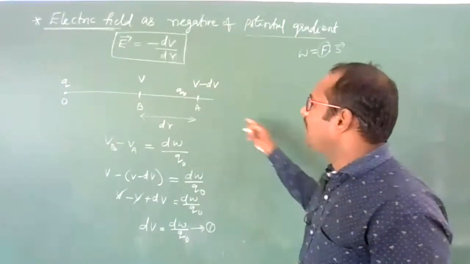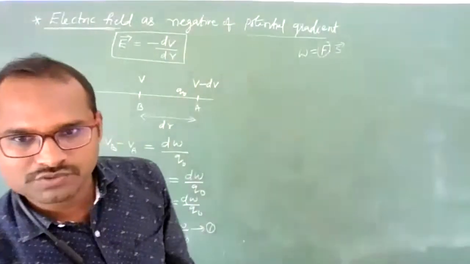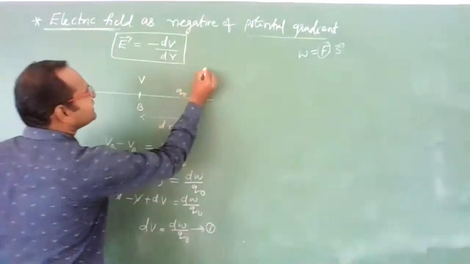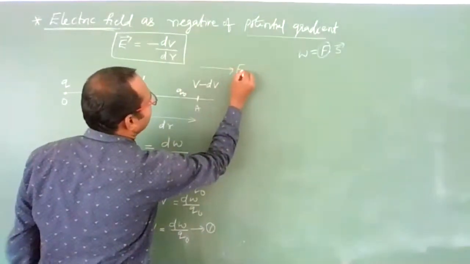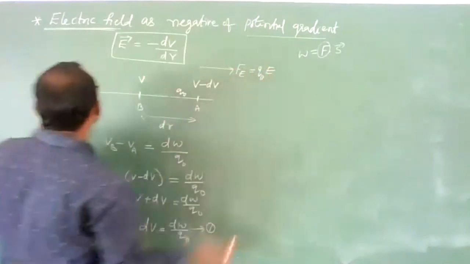Let us suppose here on this Q naught charge an electric force is acting. Definitely it is acting, in this direction, that is Q naught into the electric field due to the source charge.